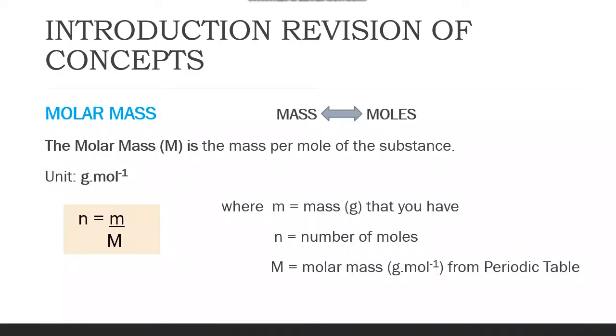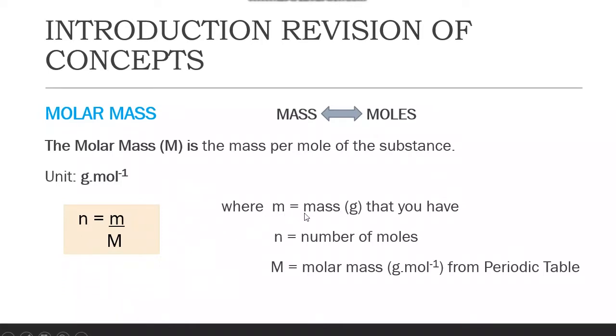In the molar mass, this is the one we use the most in chemistry and stoichiometric calculations. When we're converting, the molar mass is the mass per mole of the substance. And this equation, n equals little m over big M, is the fraction of the mole that you're actually getting. In other words, if I had 6 grams of carbon over 12 grams of carbon, I would have half a mole.